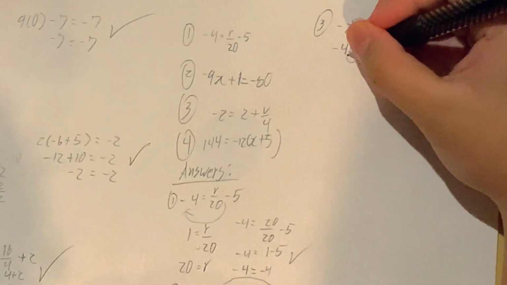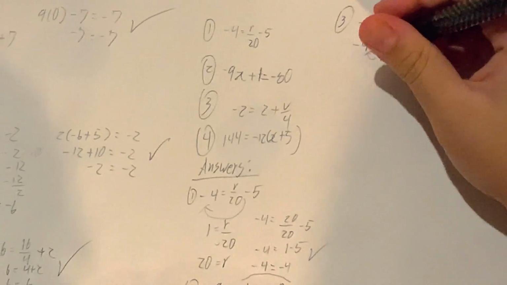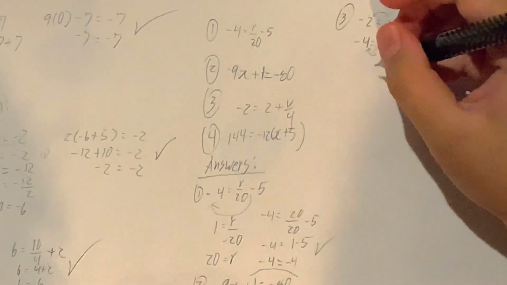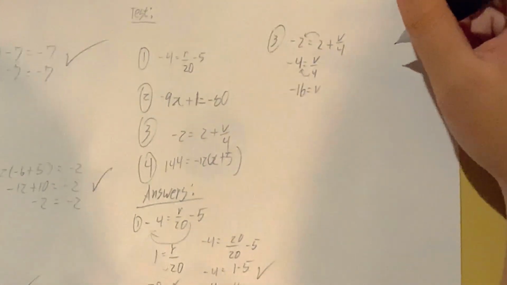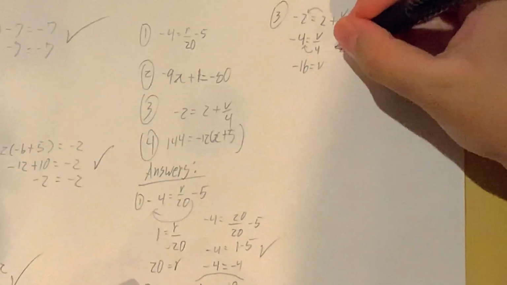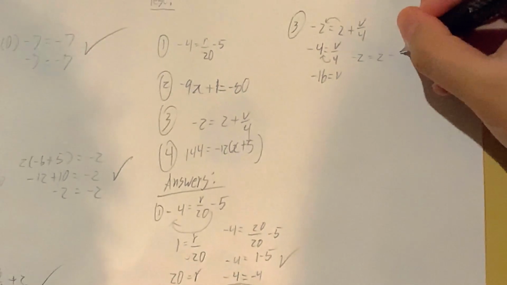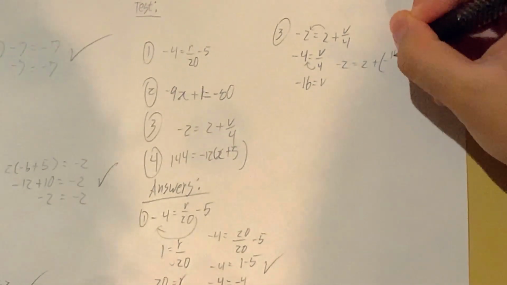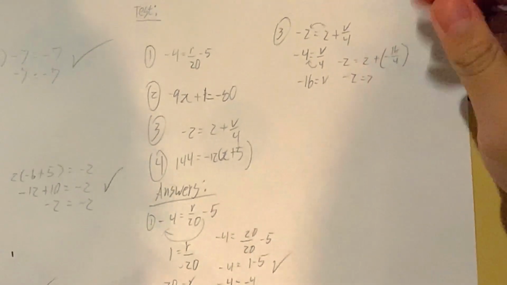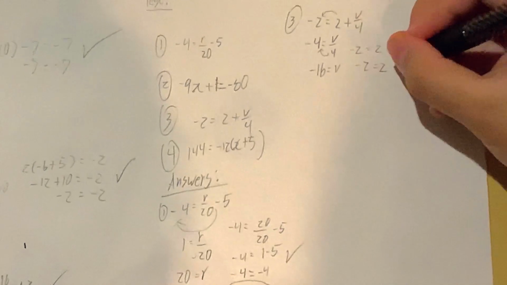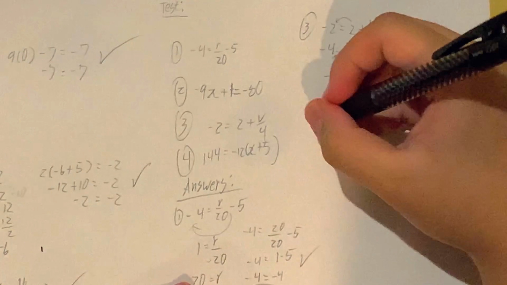And what you're gonna do here, you're gonna multiply -4 times 4 because it's v over 4, and then if 4 moves over here, it becomes multiplication, and it's -16 equals v. Okay, let's check our answers. There we go. We got another right answer.